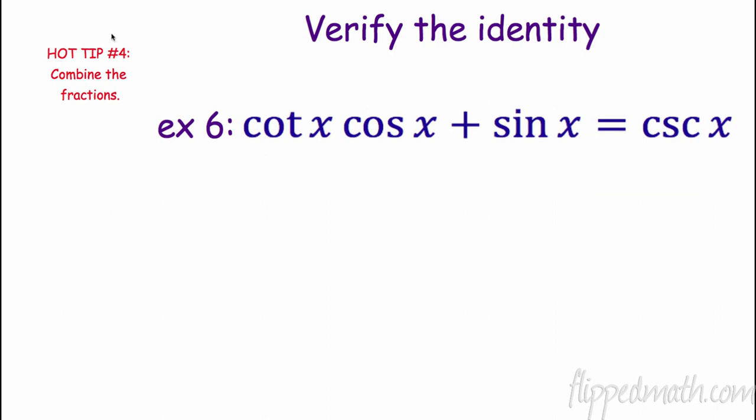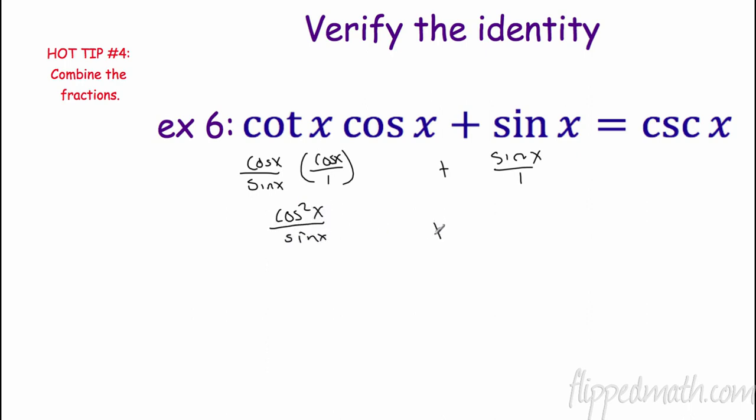Hot tip number 4. Combine the fractions. Let's see what we're talking about here. All right, I'm going to use hot tip number 1. I'm going to rewrite all this in terms of sine and cosine. So this is cosine x over sine x. And then we're going to multiply that by cosine x, which is cosine x over 1, plus this is sine x over 1, right? So this is just cosine squared x over sine x.